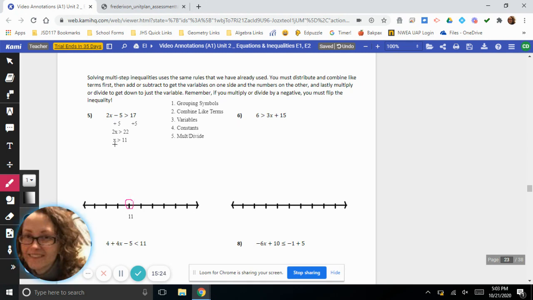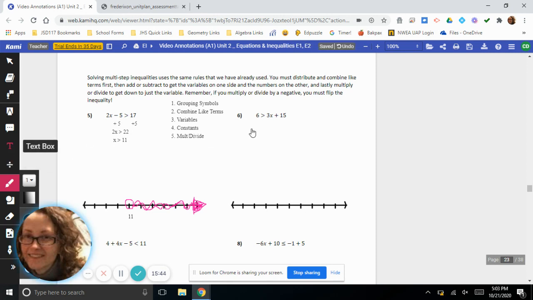And because, reading from my variable, I have x is greater than 11, I want to shade to the right, including my arrow to say that my answers will keep going to infinity.